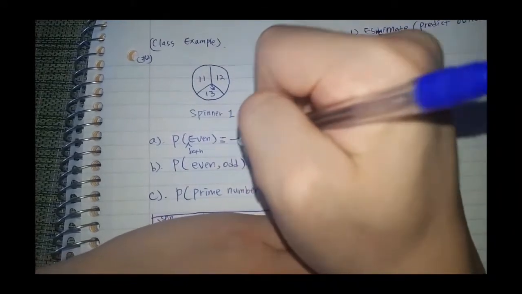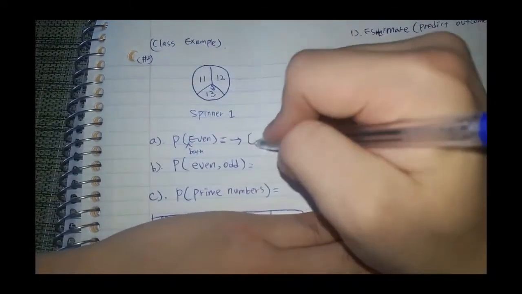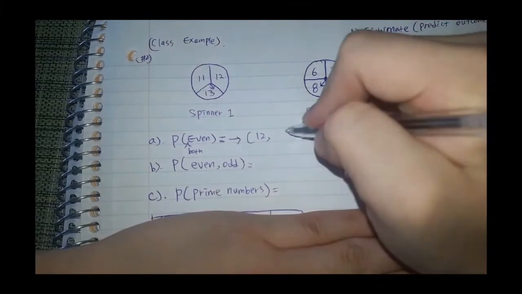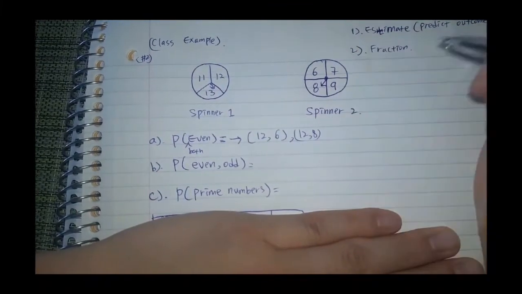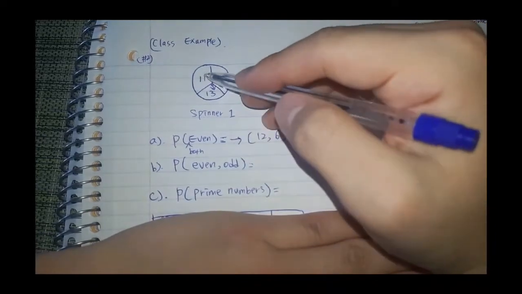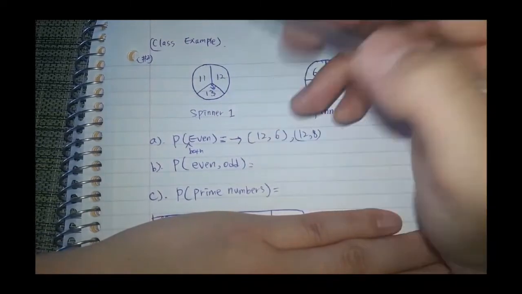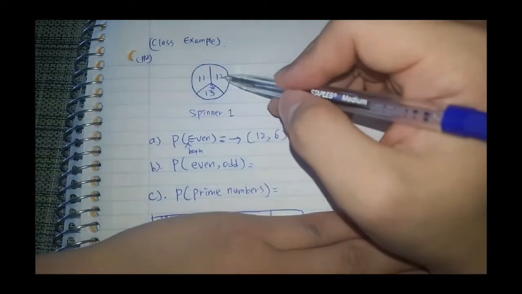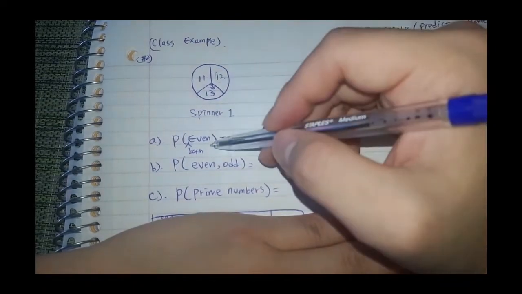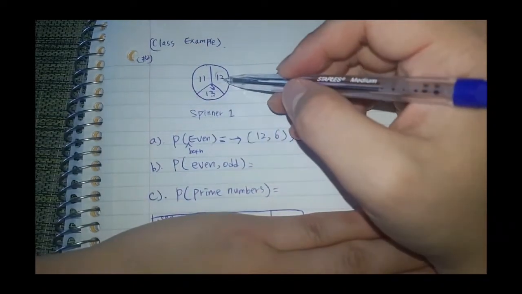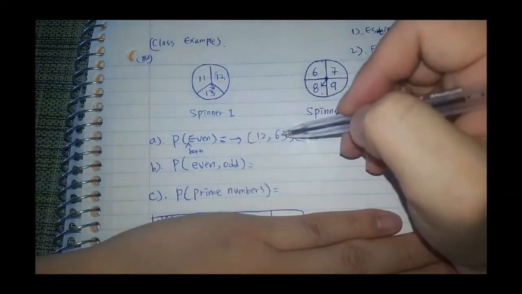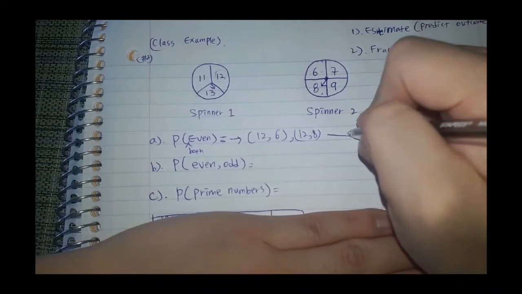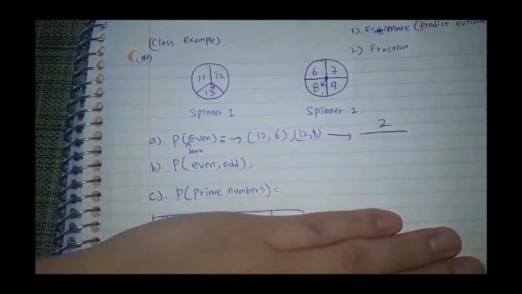Let's think about some examples of both even numbers. The outcome will be 12 and 6. That's one, right? 12 and 8. That's another one. Because for the first spinner, 11 and 13 are odd numbers, so the only thing that suits this situation is the even number 12. And the next one, I have 6 and 8. So you may notice that now we can make it into a fraction: 2 of the outcomes are favorable.